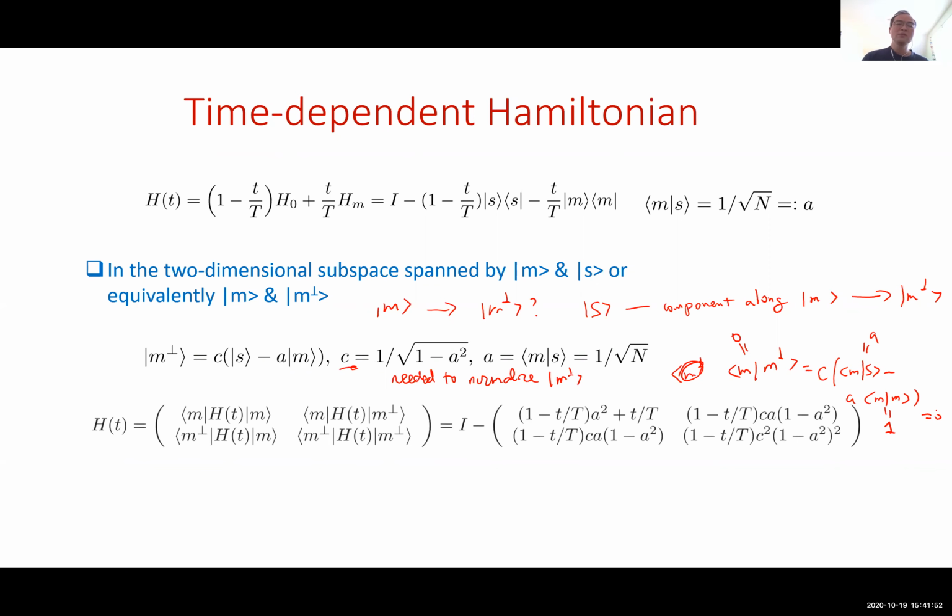So we just take these two vectors, M and M perpendicular, and we want to write this Hamiltonian in that basis. So it's a 2x2 matrix. You take M and M perpendicular, and you compute all 4 combinations, right?